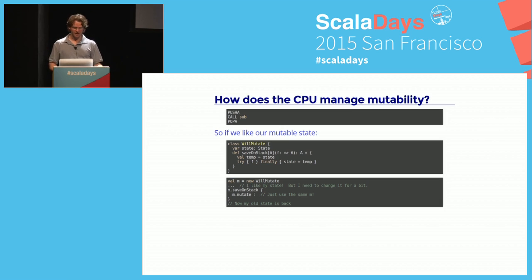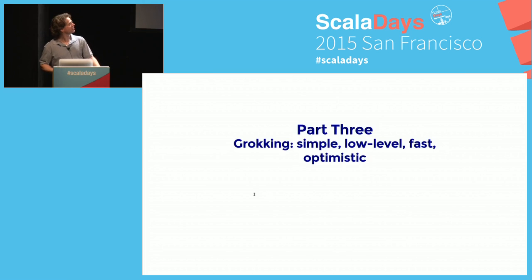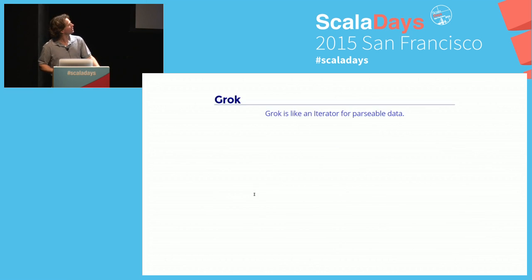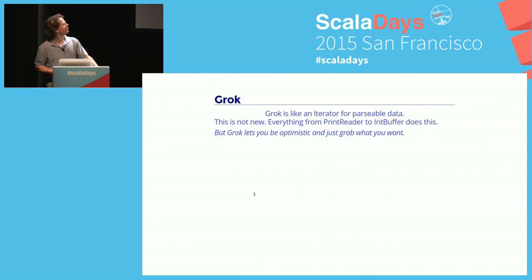So if you take these two ideas and you stick them both together, you can actually get something which goes a pretty long way towards solving the parsing problem that I outlined before. So I'll show you a little bit about how it works. I've called it Grok. It's like an iterator for parsable data, and of course there's all sorts of iterators for parsable data. This is one of the main ways you deal with it.